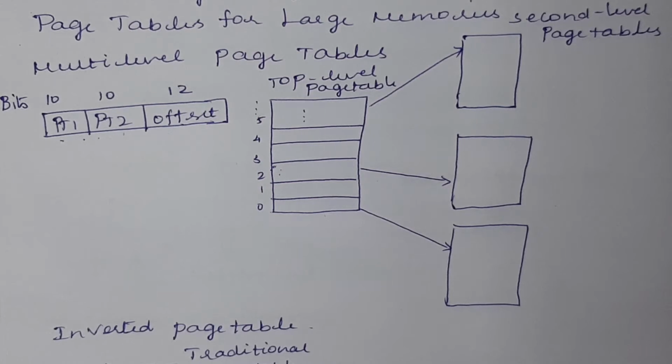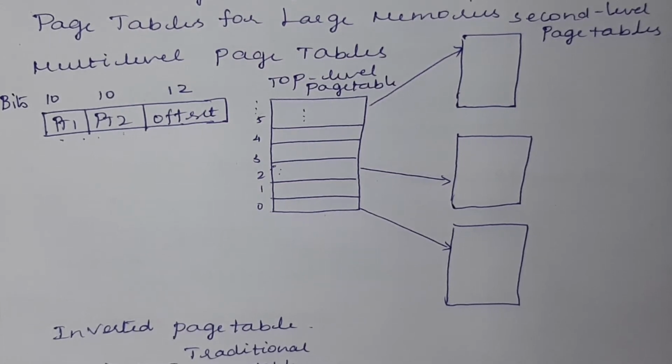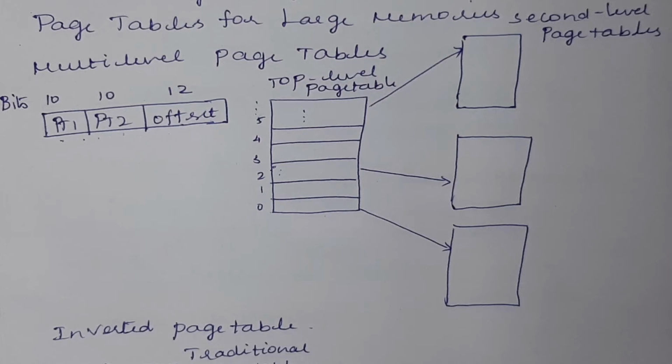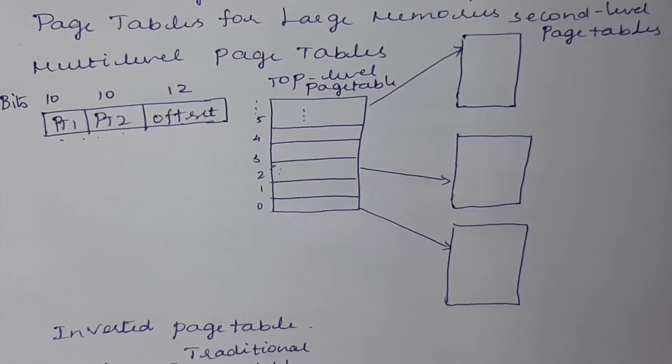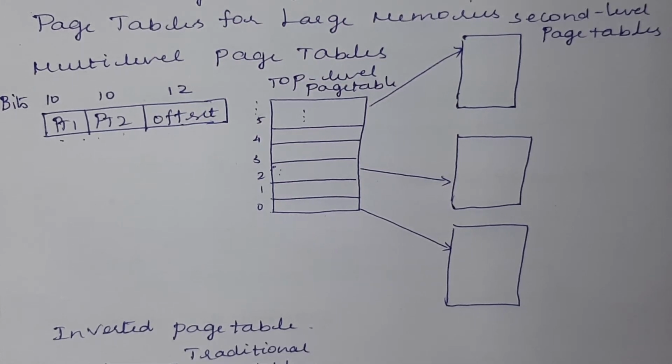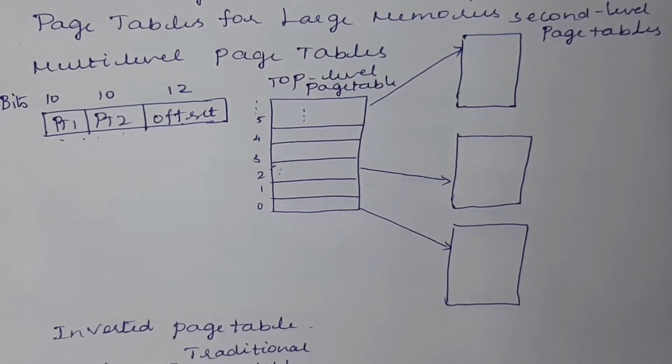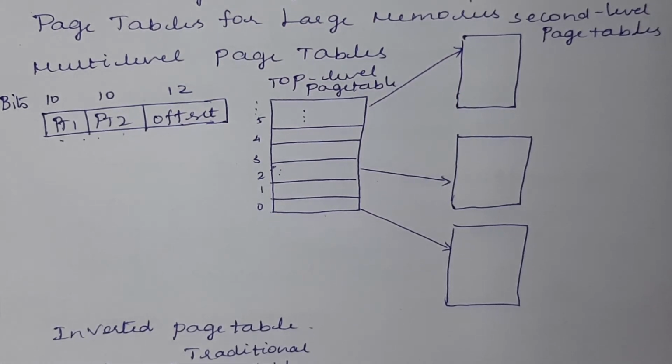But here we are getting the two-level page structure. So we go with two partitions, the first page table and the second page table. The remaining bits are divided equally for representing the first page table number and the second page table number, so 10 bits each for these two fields.